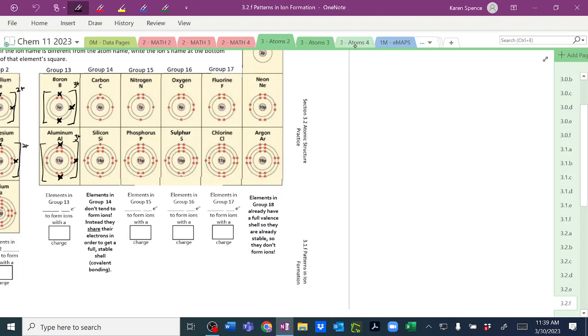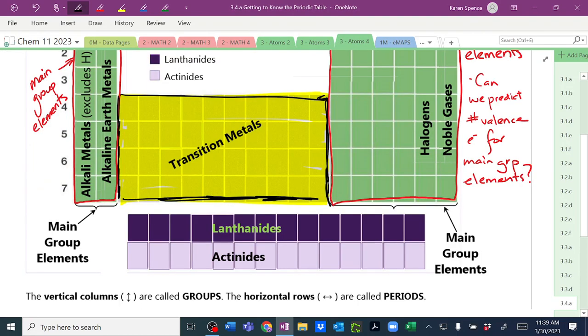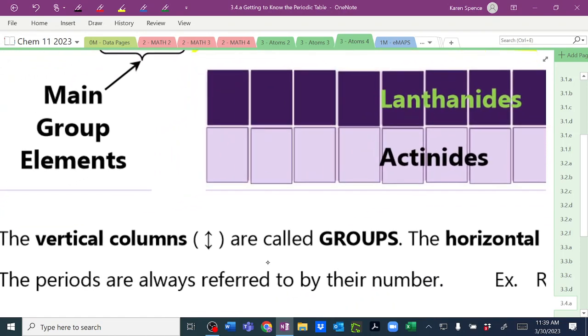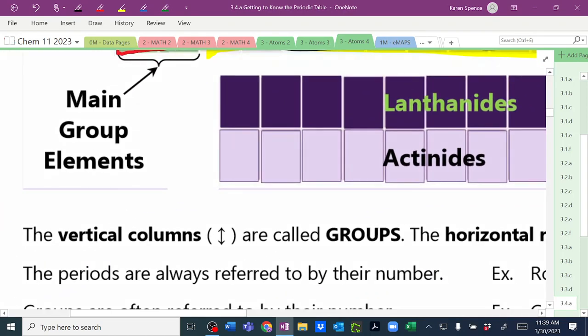What happened here? Am I on the wrong page? Oh yeah, okay, I'm doing it in group 4. That's all right. Now, we did mention this before, but just to reiterate, the vertical columns are known as groups. So the up and down are called groups: group 1, group 2, group 3, group 4. Do you know what we call the horizontal rows?